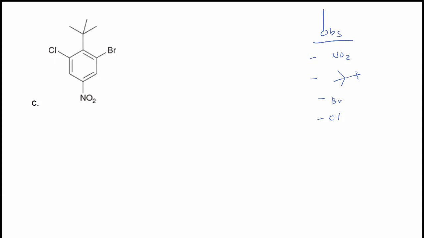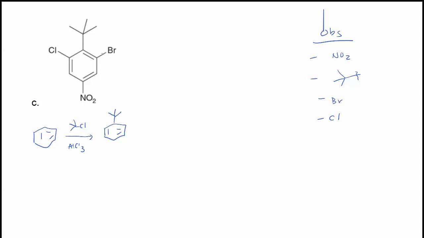And also that's a carbon, so we want to add that one first. And then whatever groups I add after that, the tert butyl group is still going to be the one directing the next group on there.